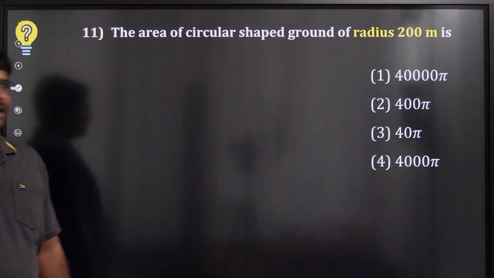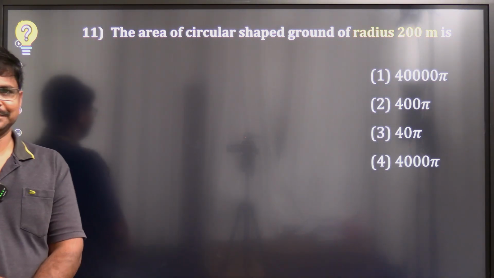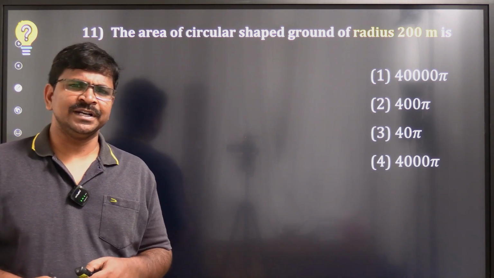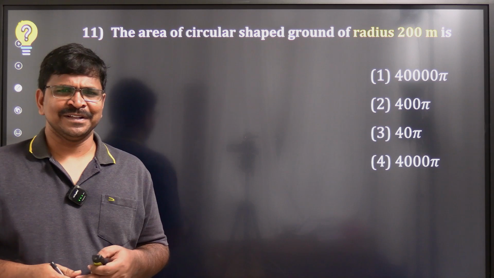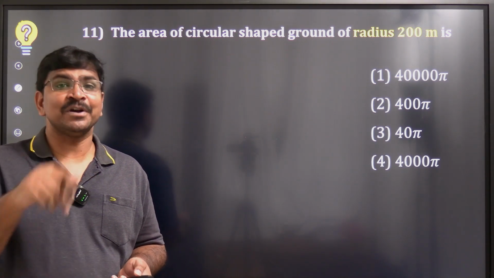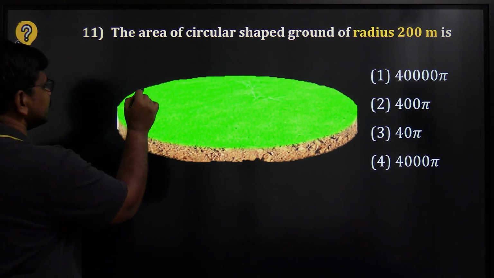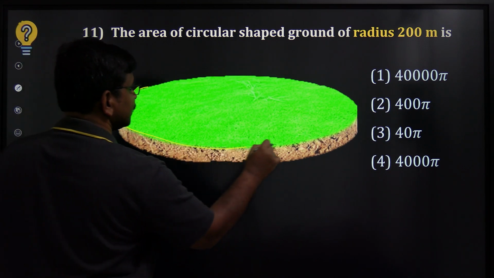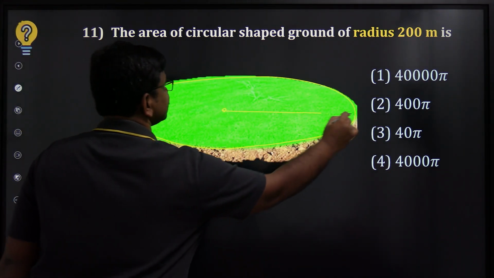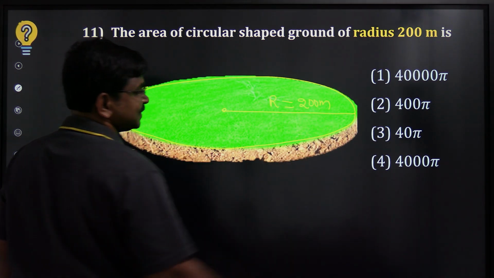And now, next, the area of circular shaped ground. Ground should be circular shape of radius 200 meter. It is simply area of the circle only. But instead of circle, the question is about the circular shape ground, something like this. Okay. So here, if you observe, this is the circular shape, right? And the radius is given as, how much radius here? 200 meters.